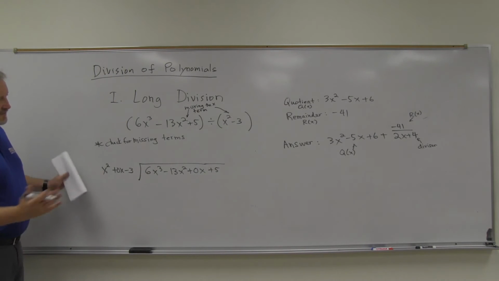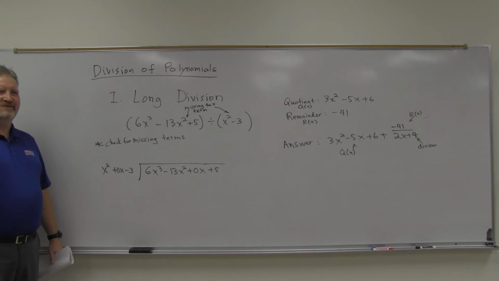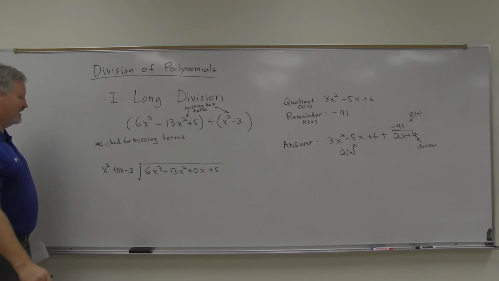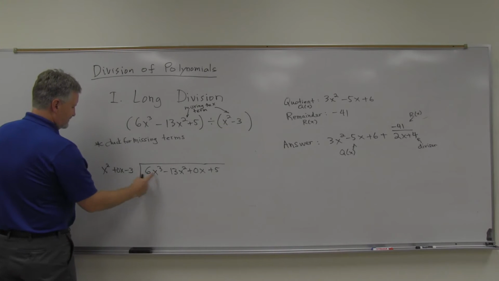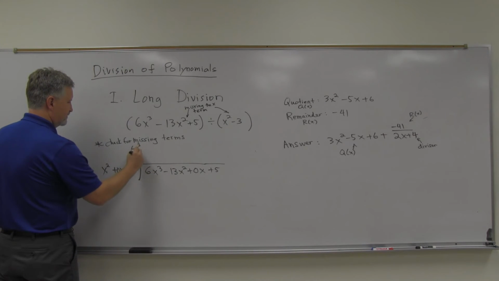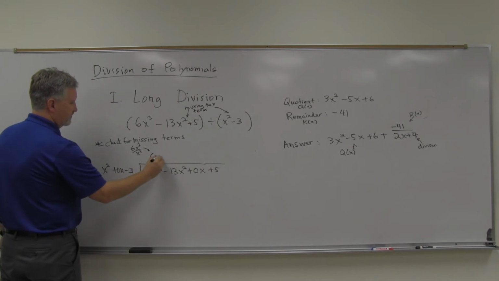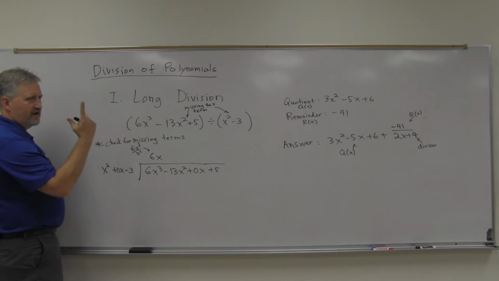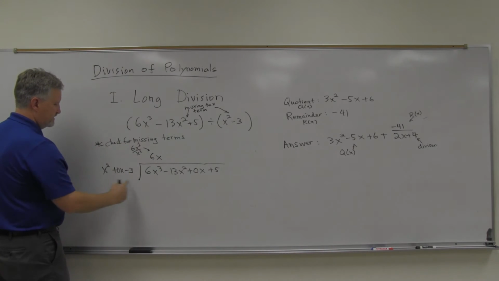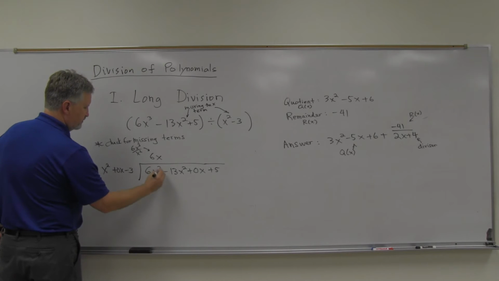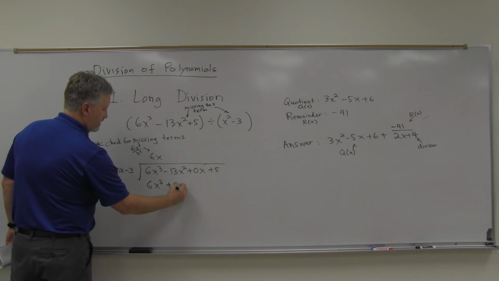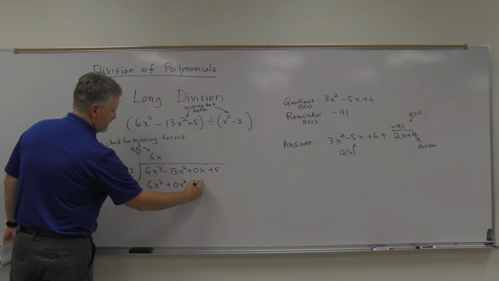All right, now we divide, multiply, subtract. What's the first term? Well, you take 6x cubed divided by x squared. That's just 6x. So that's divide, multiply. 6x times these. So it'll be 6x cubed plus 0x squared minus 18x.